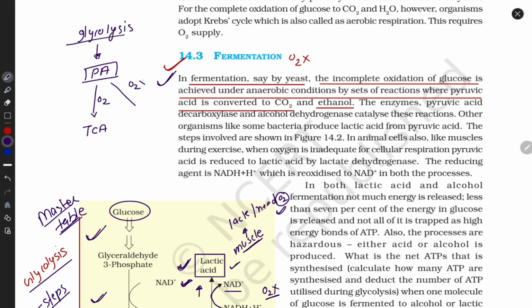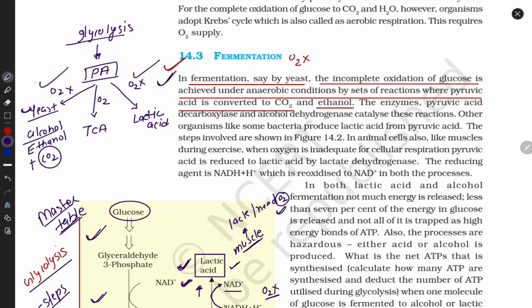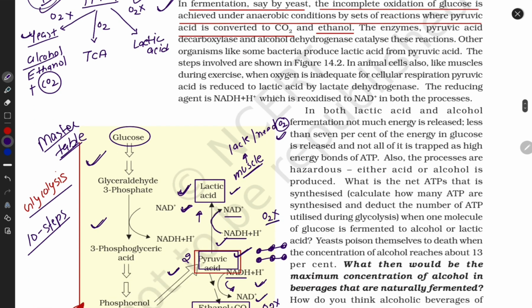If they do not have any oxygen, they go towards lactic acid. If they do not have oxygen, in the case of yeast, they produce alcohol, which we can call ethanol, useful at industry level, plus CO2. This is the fermentation, guys. Important. If you understand this chart, you can easily write all the things.